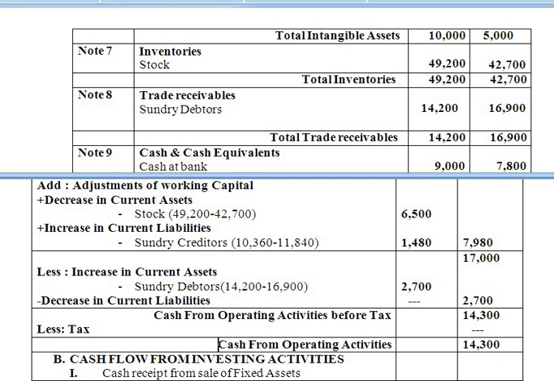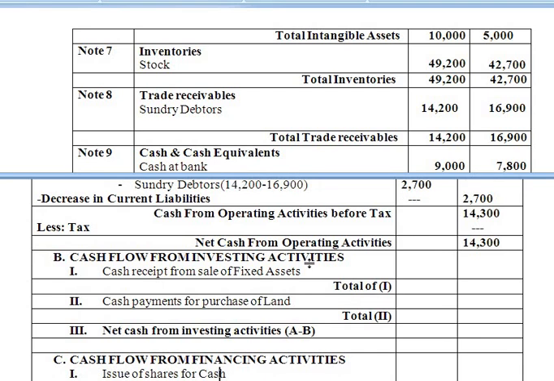So this is the net cash from operating activities. I hope you understood the calculation. It is similar to the calculation of cash from operations, but the format as per the revised statement is a little different.